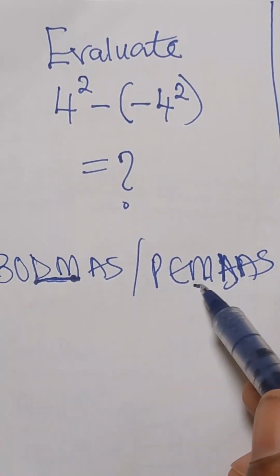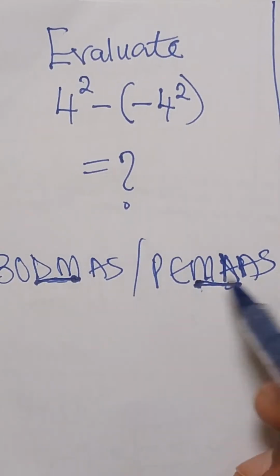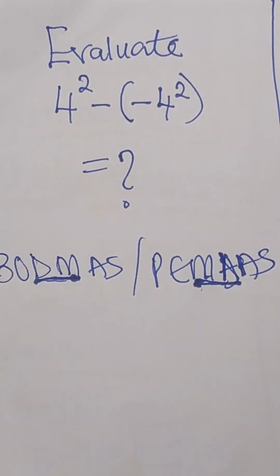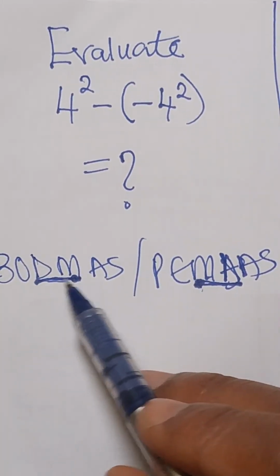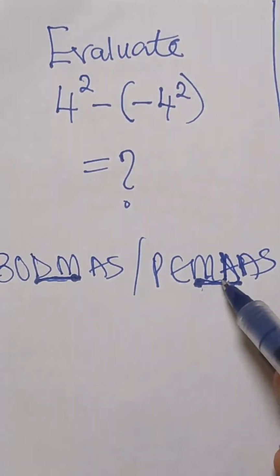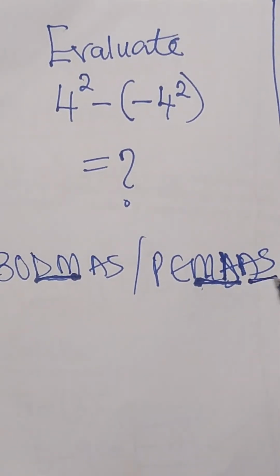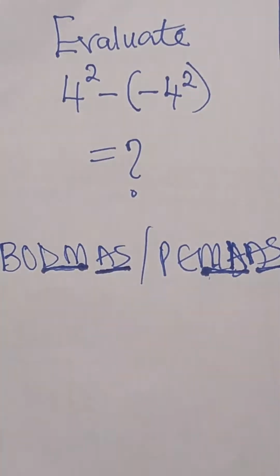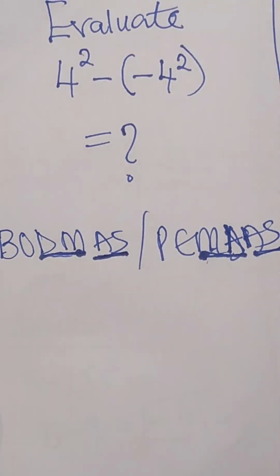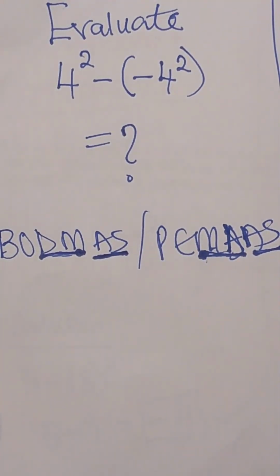In PEMDAS, division and multiplication, they are on the same level. You apply the one that comes first from left to right. That is why it doesn't matter whether it's BODMAS or PEMDAS. That's why they were able to exchange it. Addition and subtraction, they are on the same level. You apply the one that comes first from left to right. That is how it is done. So whether you use BODMAS or PEMDAS, they are all on the same level.